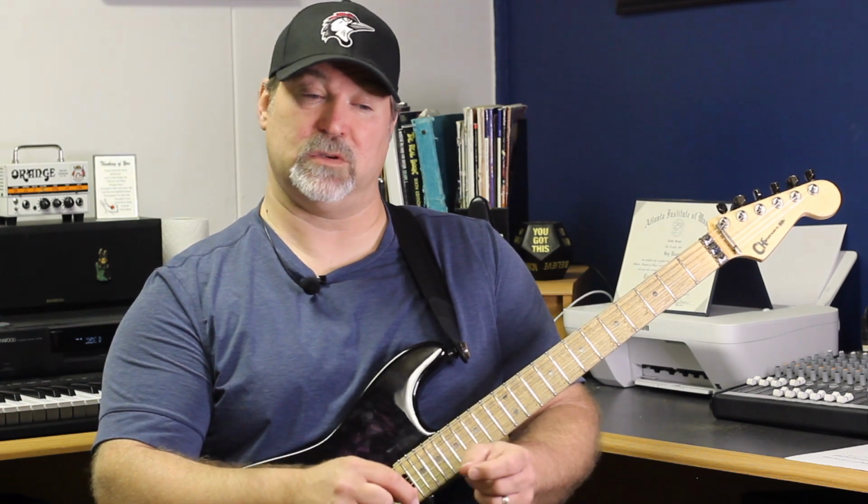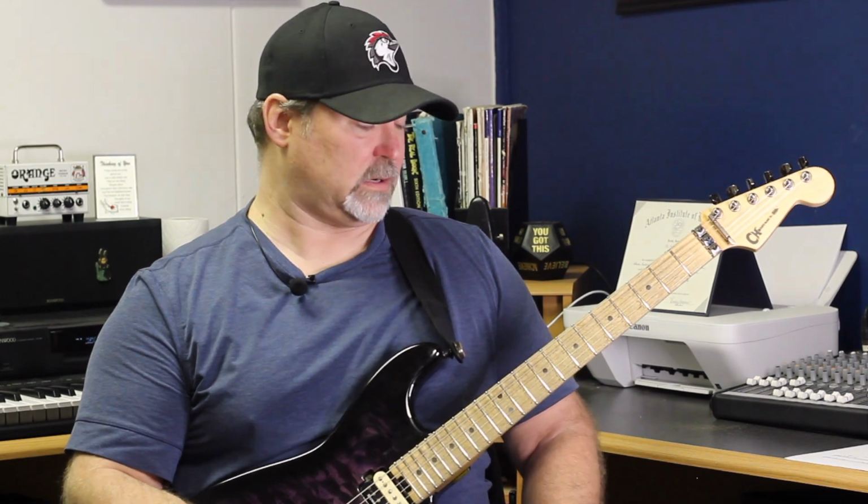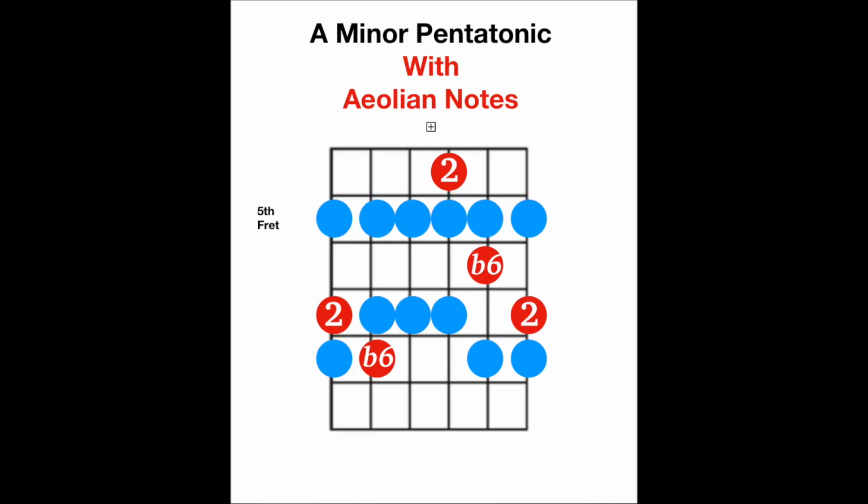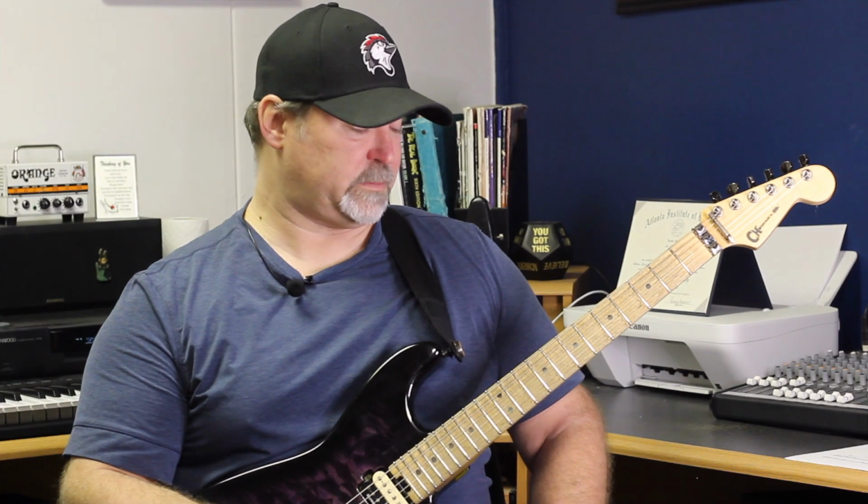So we have to understand that each one of these modes has a very specific set of 2nds and 6ths within the scale, and I'm going to put up diagrams to show you that. We're going to start with the Aeolian mode because it's the natural minor scale. It's what most of us know as the minor scale. So I just played that and explained that.